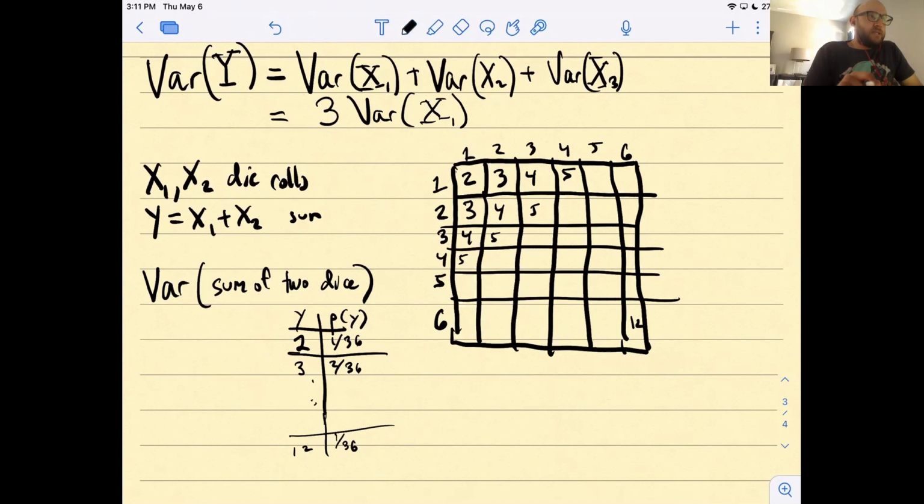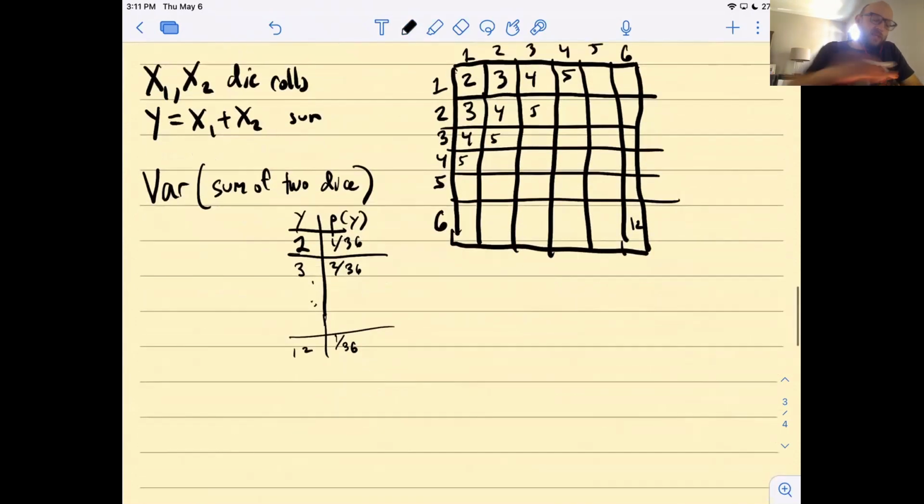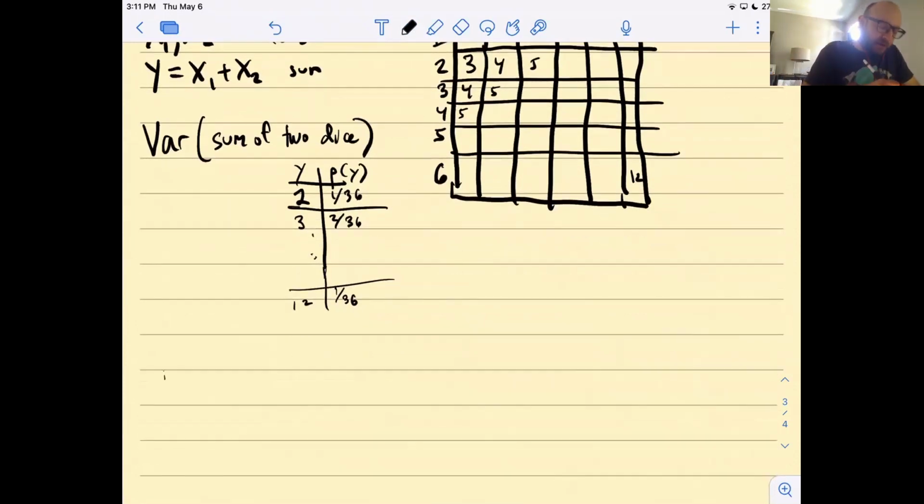Now let's look at what the variance is. Now we have everything we need to explain why there's a sigma over root n. So x bar is equal to x1 plus x2 through xn.